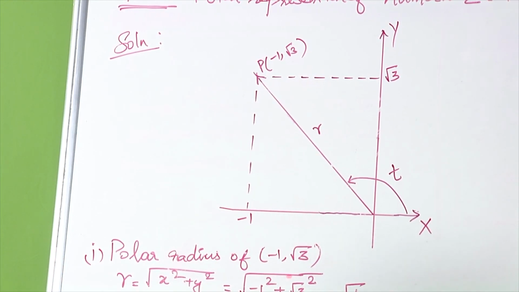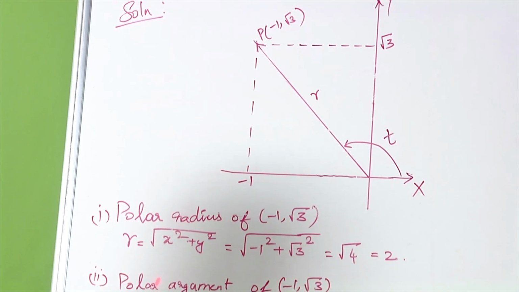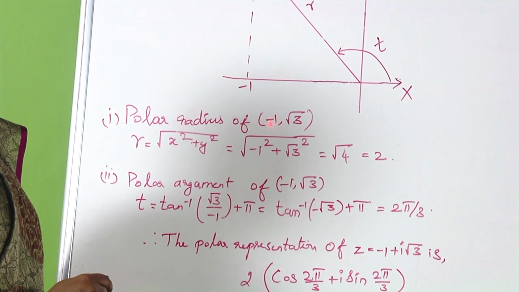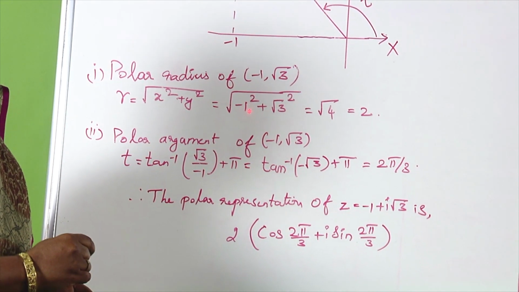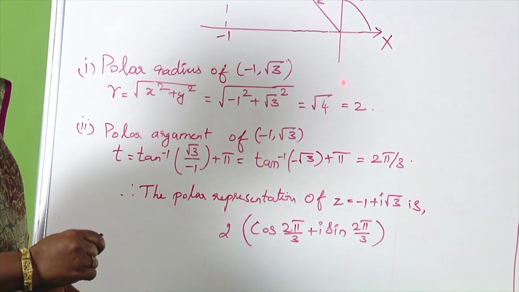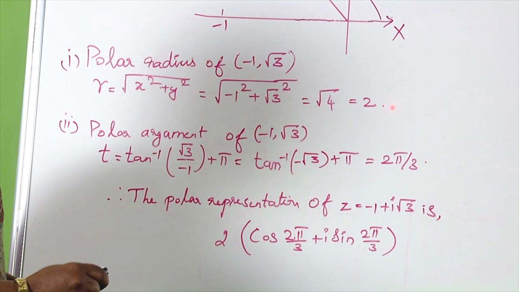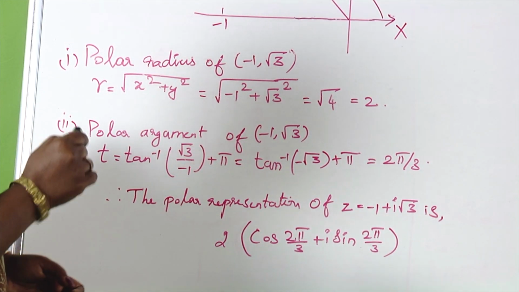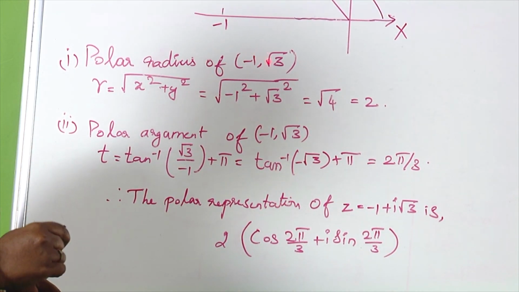The polar radius, as we know, is r = root of (x squared + y squared), which is root of ((-1) squared + (root 3) squared), which is root 4, and that is equal to 2. Whereas the polar argument is tan inverse of y by x. As I said, we need to pay attention to the number here.